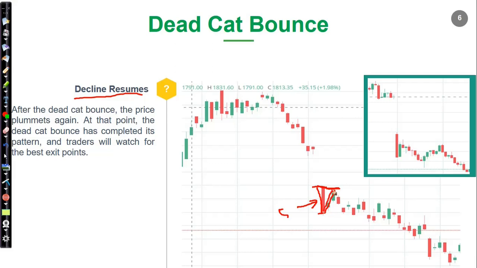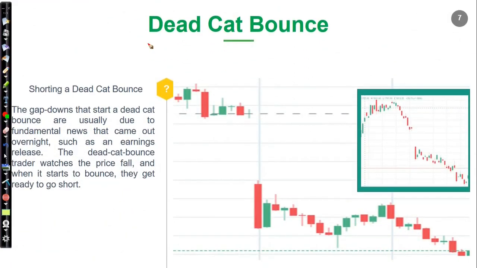Once price pulls back near the opening point and again continues toward the downside, that is called a dead cat bounce. Once this type of pattern appears, there is a probability that the price will continue toward the downside.